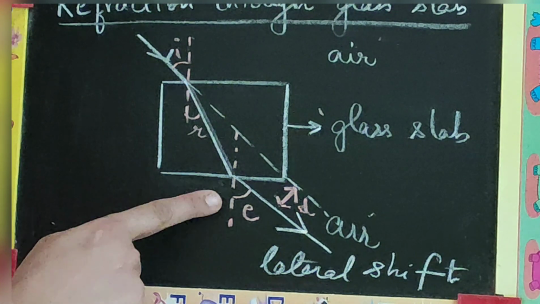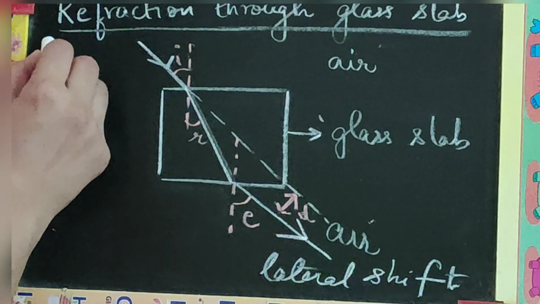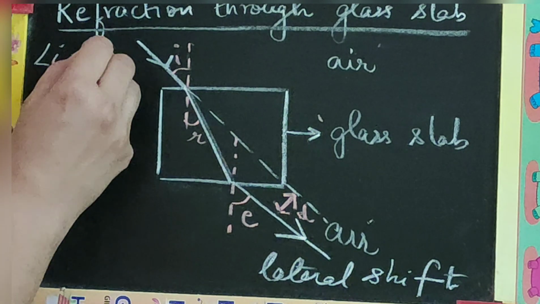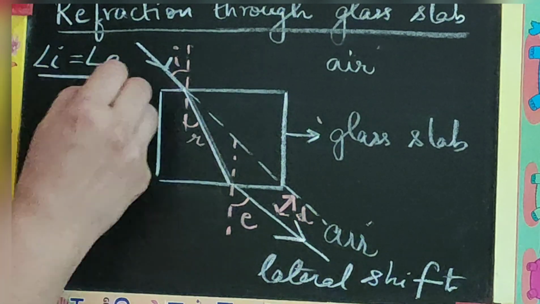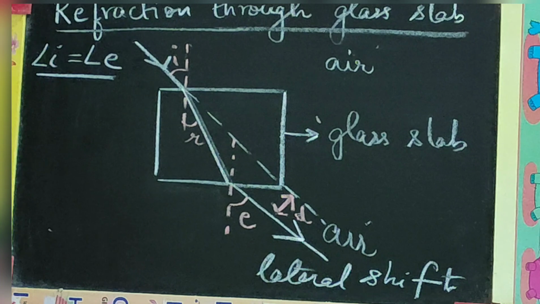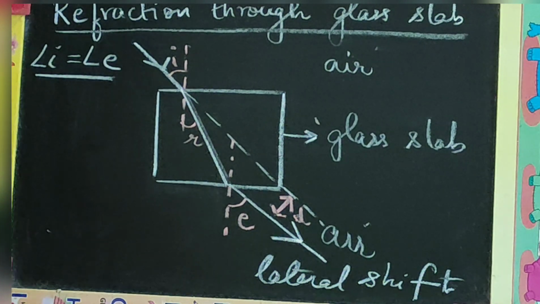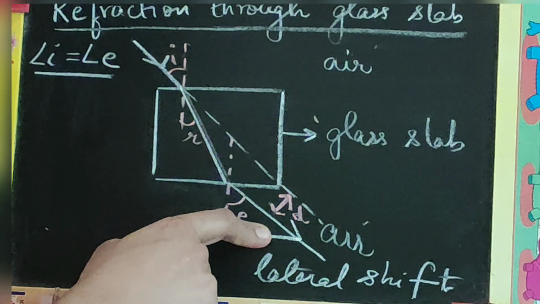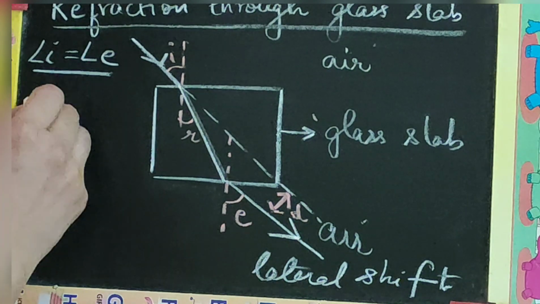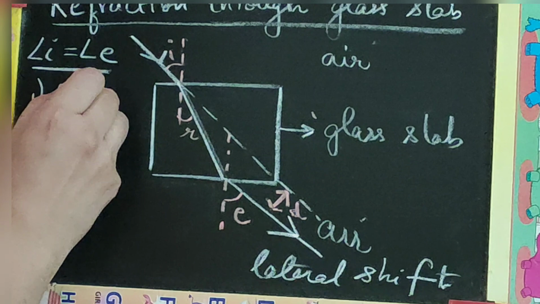In this experiment, we will also observe that the angle of incidence and the angle of emergence are equal. This is something that we will observe experimentally also when we perform the experiment in the lab. Also, this lateral shift here depends on the angle of incidence.